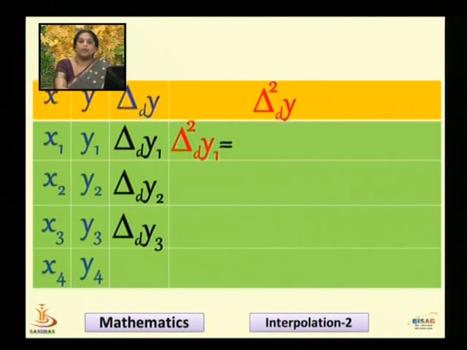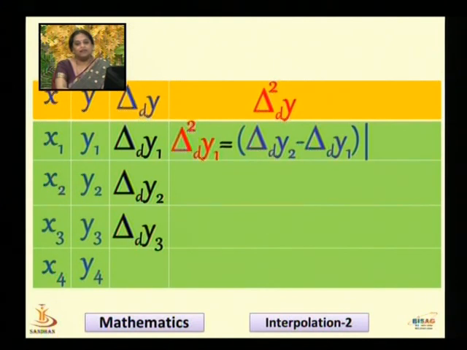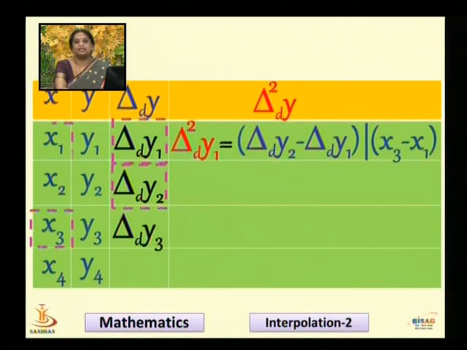Delta D square y1, that is the second order divided difference at the first point y1, is given by delta D y2 minus delta D y1 divided by x3 minus x1. Let us see it in graphical form, that is delta D y2 minus delta D y1 divided by x3 minus x1.